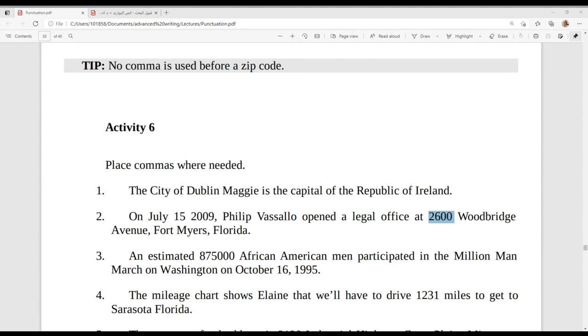Opened a legal office, Woodbridge Avenue, Fort Myers, Florida. Yes, there is no need for a comma here, because no comma is needed before a zip code. And I can't use a comma here, after or before.